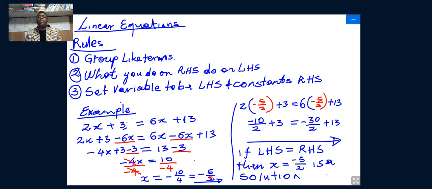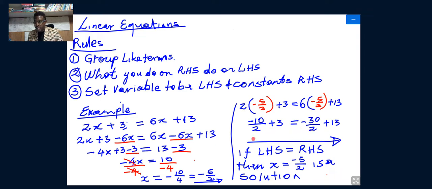The nice thing about equations, you can always check whether you are right or wrong. How do you check? You take the answer that you've got, you substitute it back into the original equation. So here I've taken it. I'm substituting it back to this original equation. I'm not going to do this. You do it.